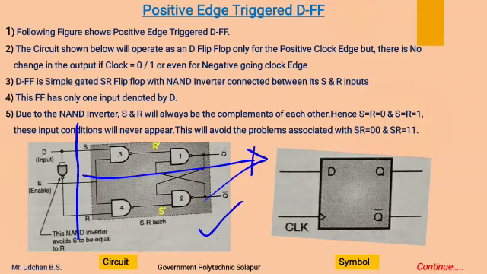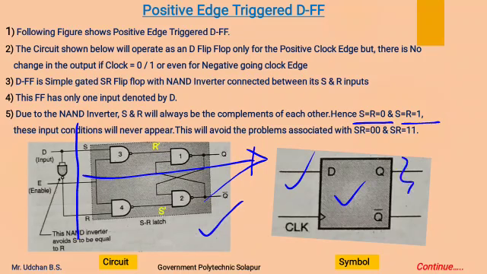Hence, S equal to R equal to 0 and S equal to R equal to 1 input conditions will never appear, which will overcome the drawback of the SR flip-flop. Means SR equal to 0 0 or SR equal to 1 1 conditions will never occur, by which the drawback gets overcome.